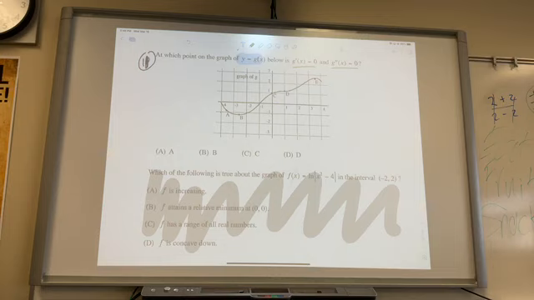G double prime is 0 at E and B. Yeah, I would definitely say B. B and E. What does G prime 0 mean? It means the slope is 0. Critical point, slope is 0. So B and D. Okay, you guys ready? G prime is 0 at B, D, and E.